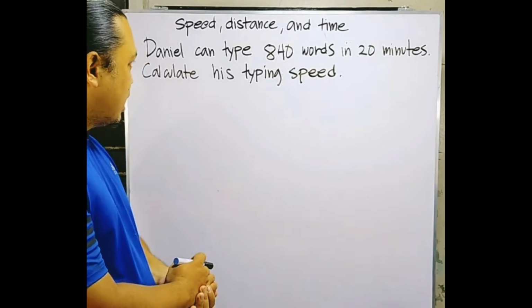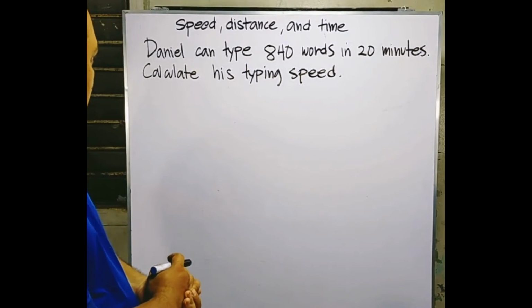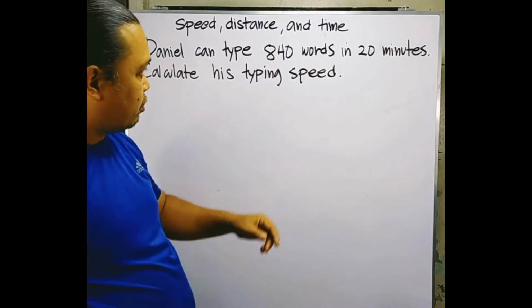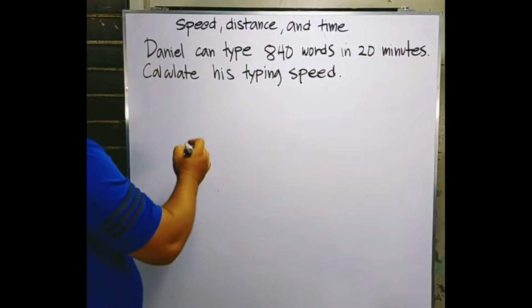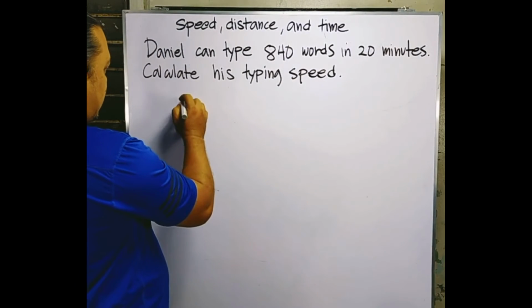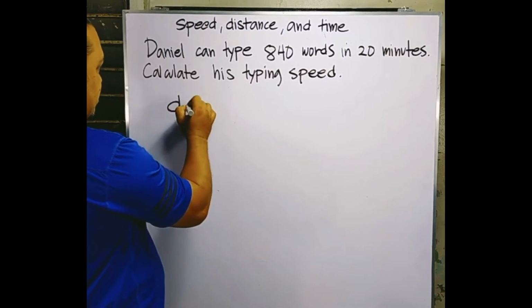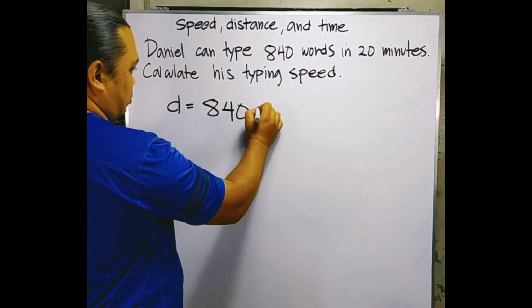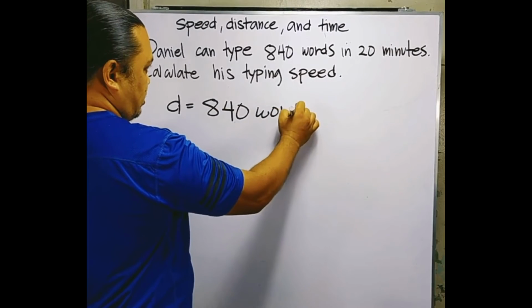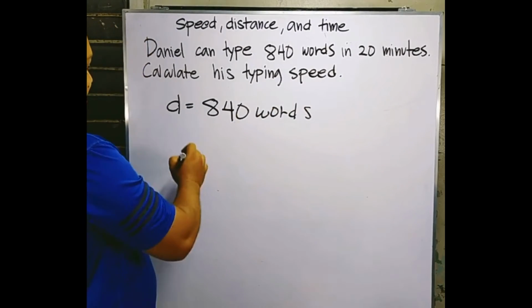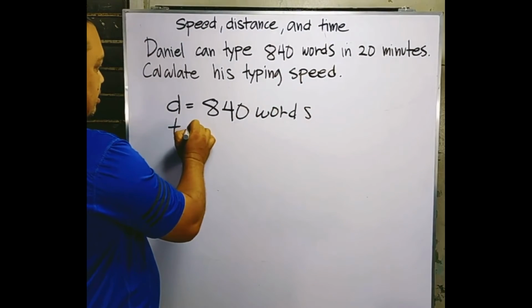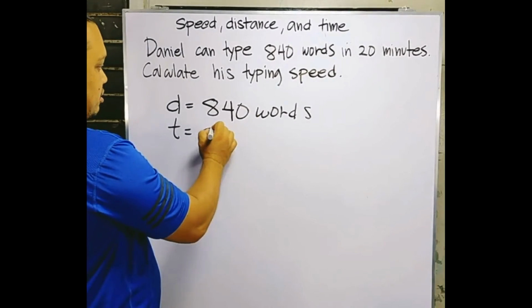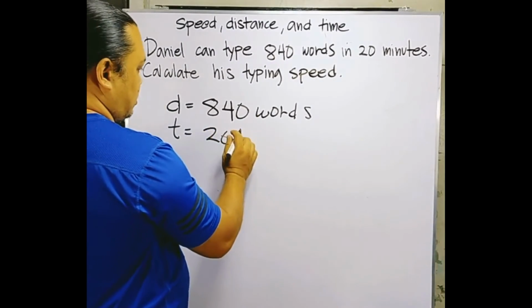Okay. Now based on our problem, the given is Daniel can type 840 words. Okay. So that will be our D, 840 words. And our time here is 20 minutes.